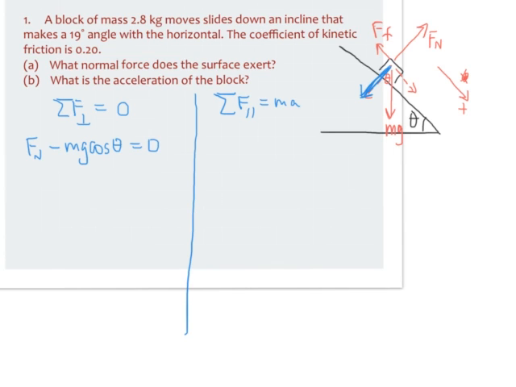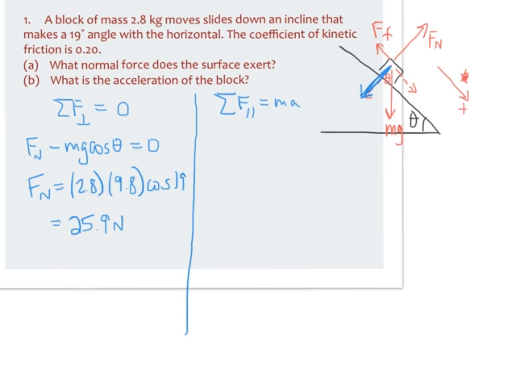So putting in some values, my normal force will equal my mass of 2.8 times 9.8 newtons per kilogram times the cosine of 19. And from this, we get 25.9 newtons.